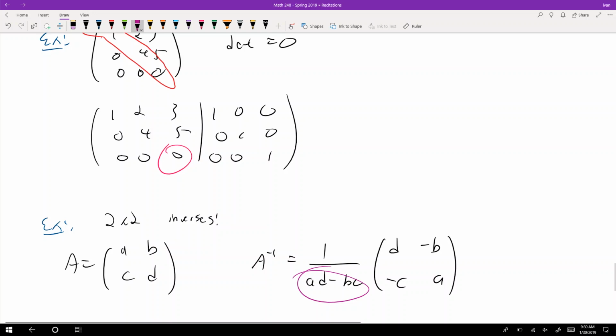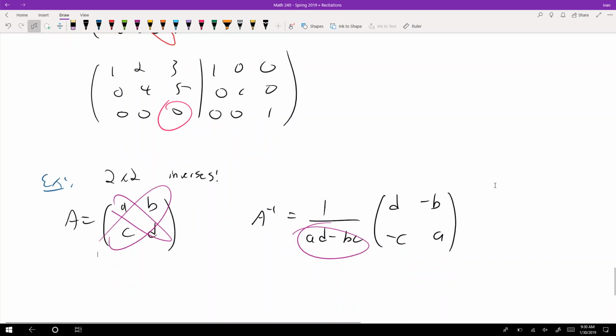It's just the determinant of the 2 by 2 matrix. So this is really 1 over det A times [D, negative B; negative C, A] for a 2 by 2 matrix. So again, if the determinant of A is 0, your inverse is undefined because you have 1 over 0, so you can't calculate it. And if the determinant of A is non-zero, you can find it, and so you have an inverse. These are 2 ways to see why the determinant has to be non-zero.